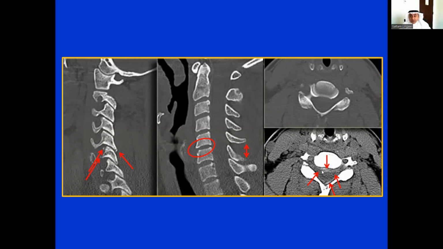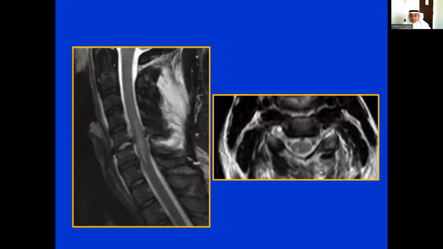Obviously, when you look at the soft tissue, you see also there's evidence of intraspinal hematoma. And when you look at the MRI, you see the disruption of the disc with the hematoma within the disc.